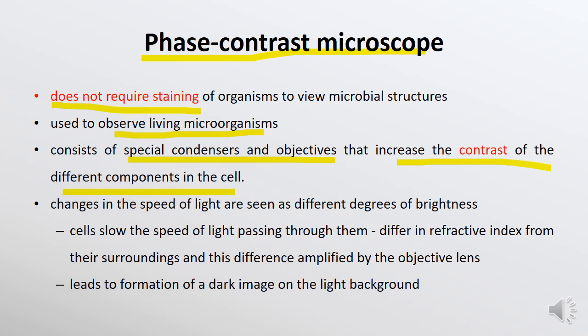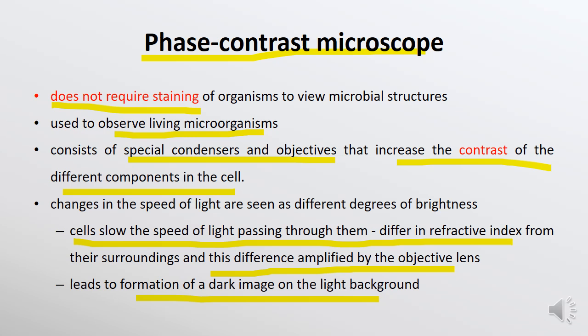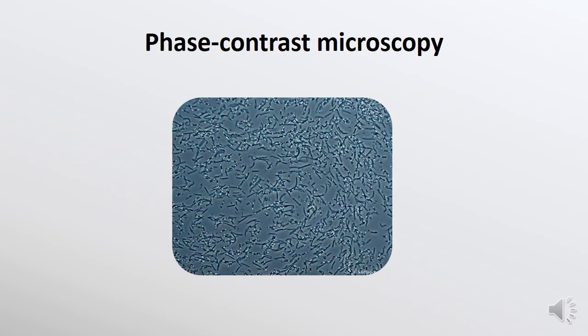What happens is that when light passes through the cells, the light is slowed down by the different refractive indices of the cells, and this difference in refractive index is amplified by the objective lens, which leads to the formation of a dark image on a light background. So this is an example of an image from phase contrast microscopy. The cells look darker against the lighter background.